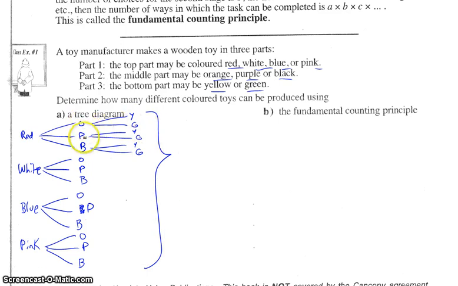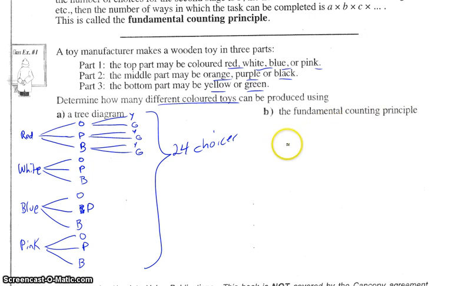Well, for each one of these, we would have 2 coming off. And for each one of our initial parts, which is 4 of them, we have 3 coming off. So we should end up with, let's see, we have 2, 4, 6 for red. So we should have 24 altogether. Okay, so 24 choices for different colored toys.